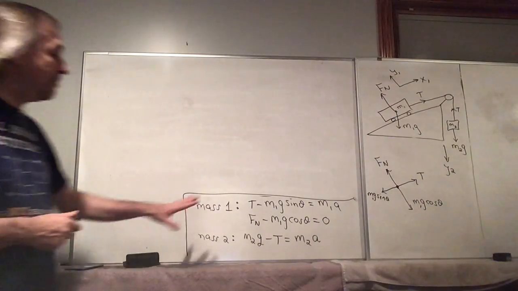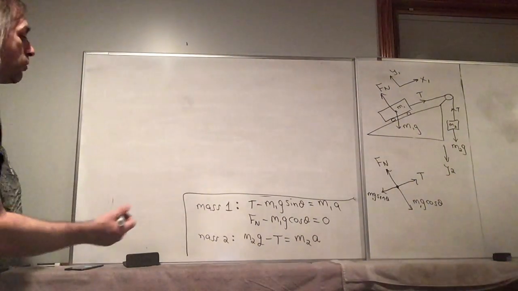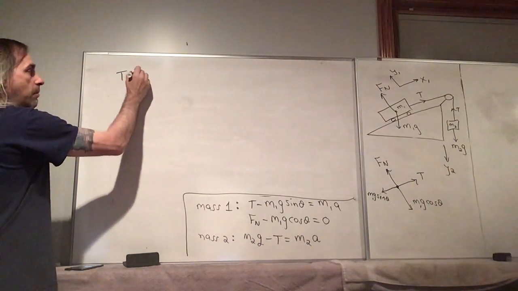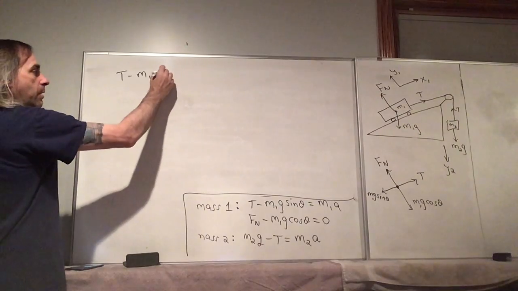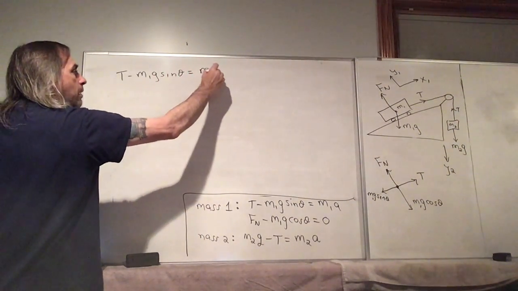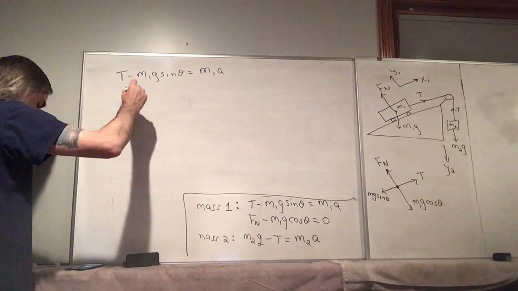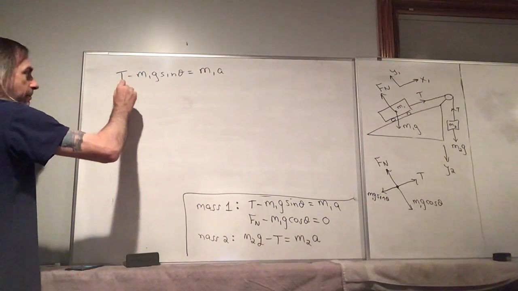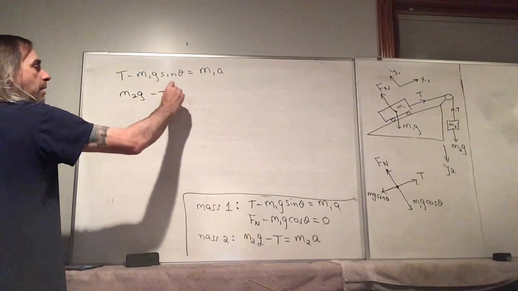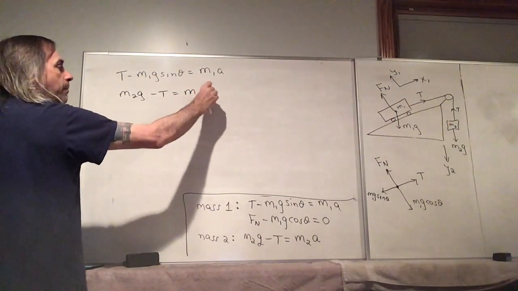All right, so I'm just going to write down these first two equations because that's all we need. So t minus m1g sine of theta equals m1a. And m2g minus t equals m2a.